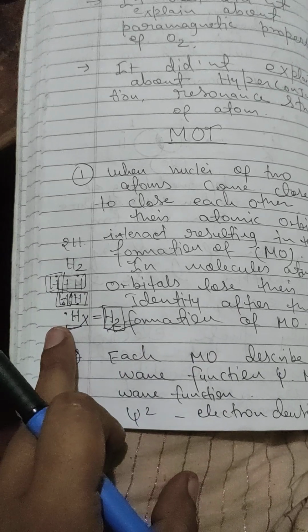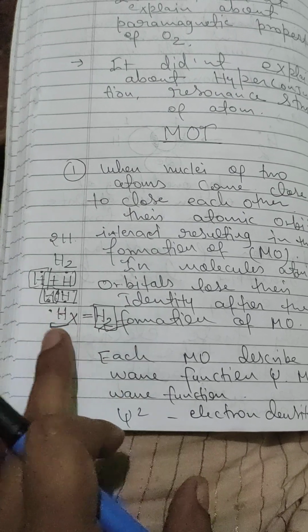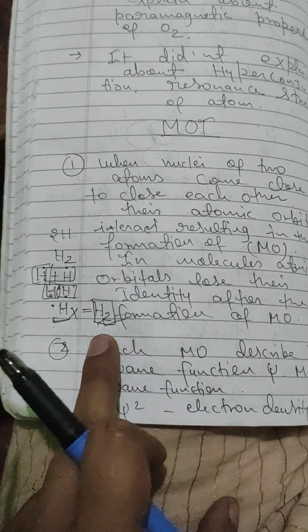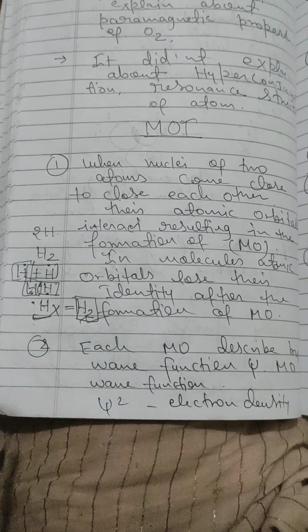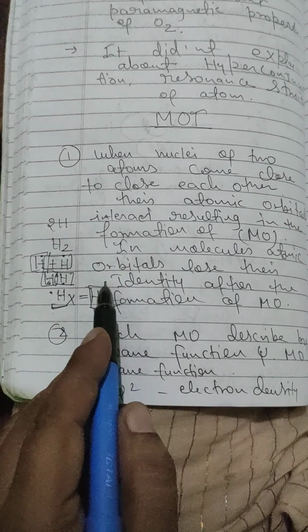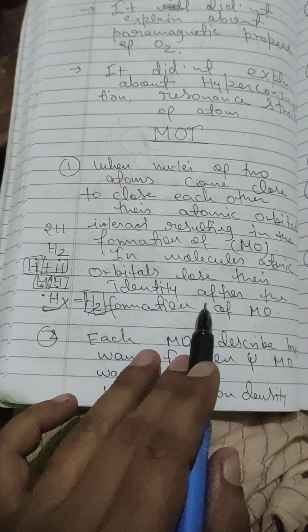So the quality of this hydrogen and the quality of the molecule are not similar to each other. Maybe some qualities are similar, but most will not be the same.